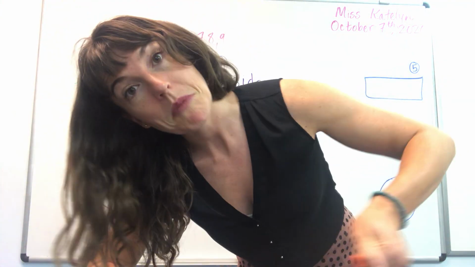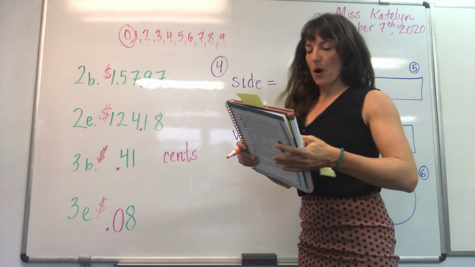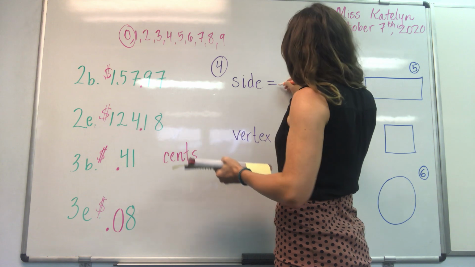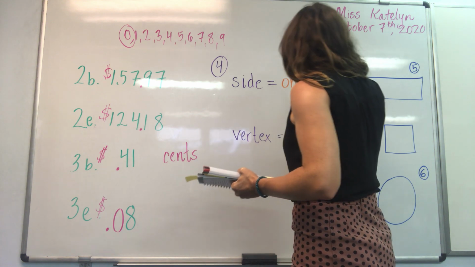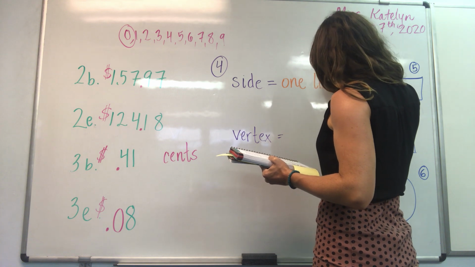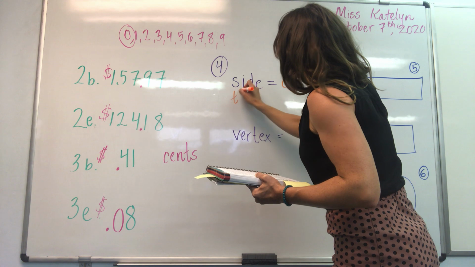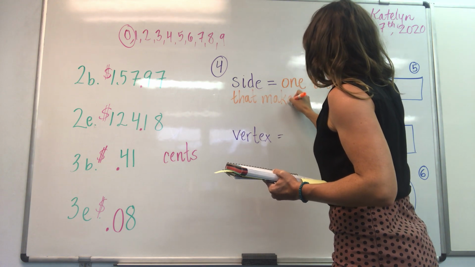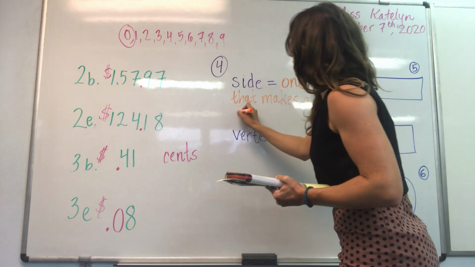This is the lesson part of your lesson. And then you're going to do all the work because you're an awesome scholar. Here we go. A side is one of the lines, one line that makes a plane shape.